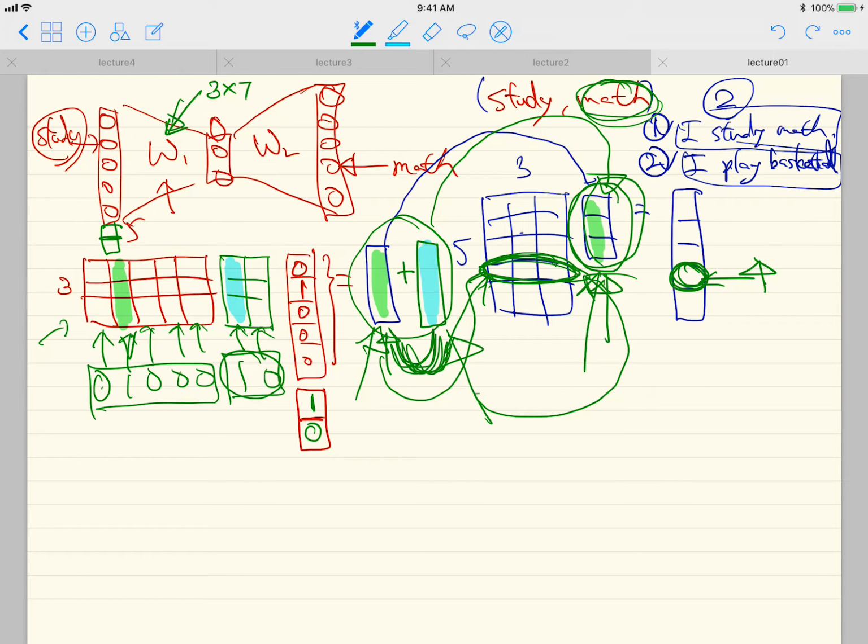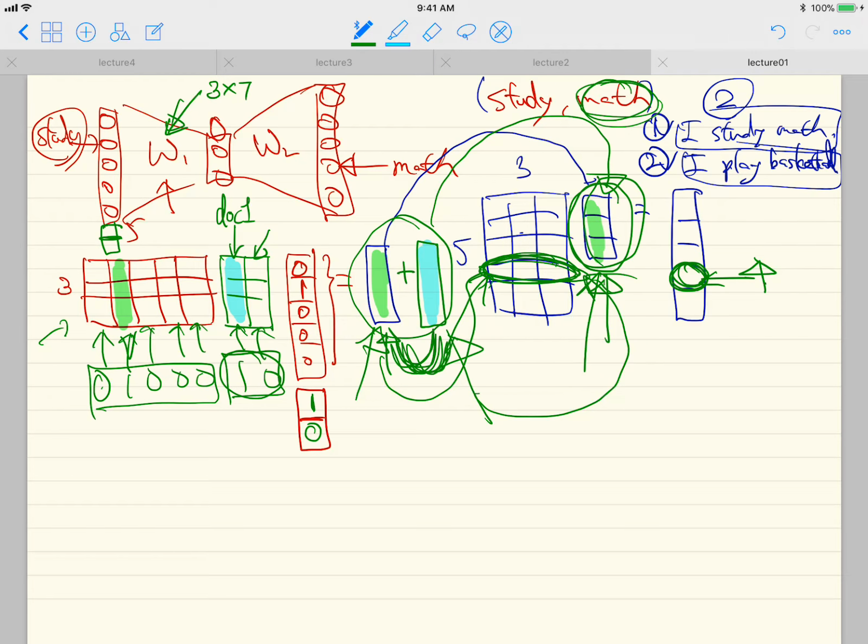So basically, this one is representing document one, the vector representation of the first document, and this one is another vector representation of the second document, right? All living in the same three-dimensional space, together with all these five word vectors, as center word vectors.